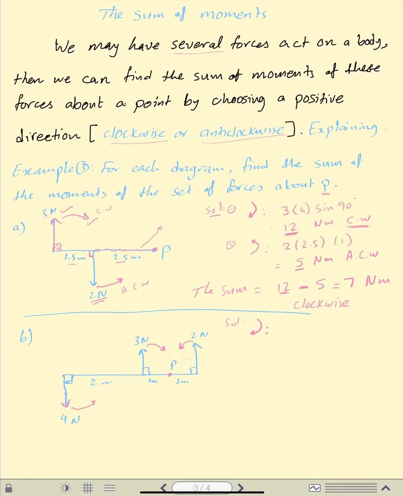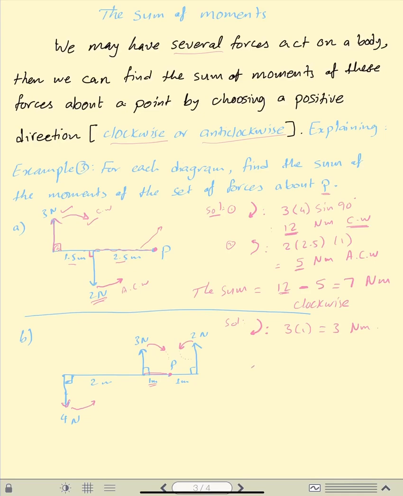So we have only one force acting about P clockwise. What's the moment of the 3 Newtons? The distance between the 3 and P is 1 meter. So 3 times 1 meter times sine 90, which is 3 Newton meters. So you have one force, its moment is clockwise.